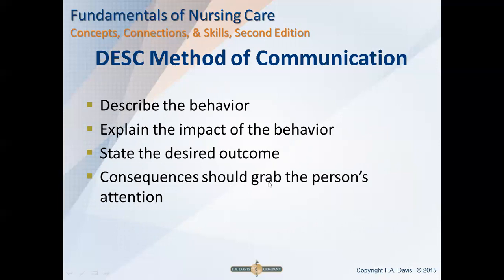So the method of communication means we always focus on the desired outcome. We have to explain the impact of the behavior, and also describe the behavior and the consequence.